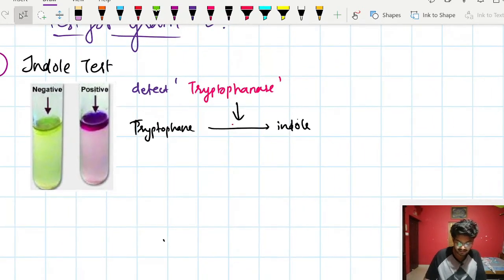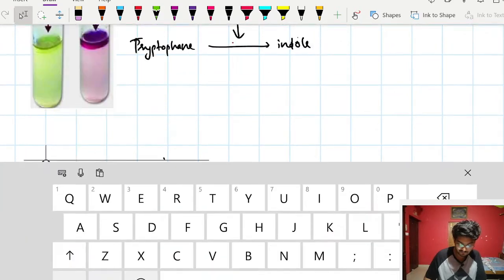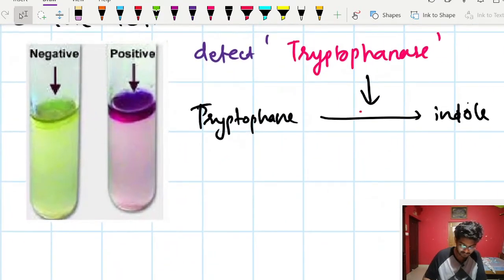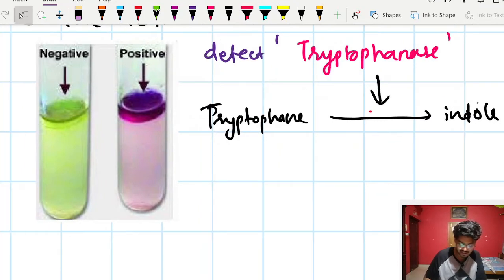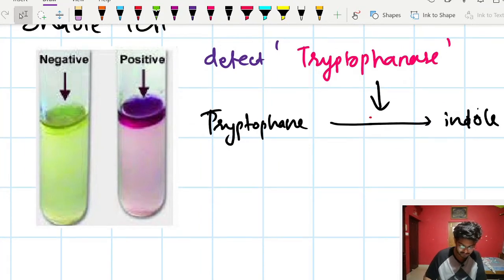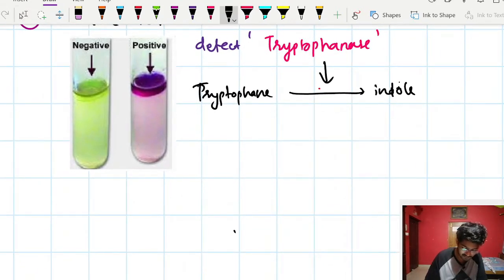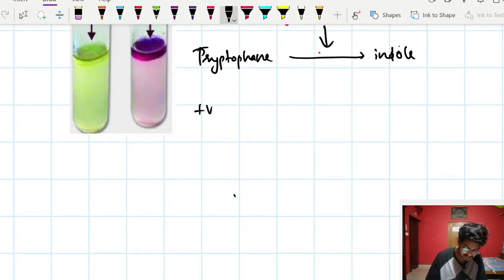So there will be an indicator, and if it is indole positive, it produces a reddish purple color, and if it is negative, it produces a yellow color. Okay, this is the indole test. Let us study some examples. Positive is given by Escherichia coli, and also by our Proteus vulgaris.